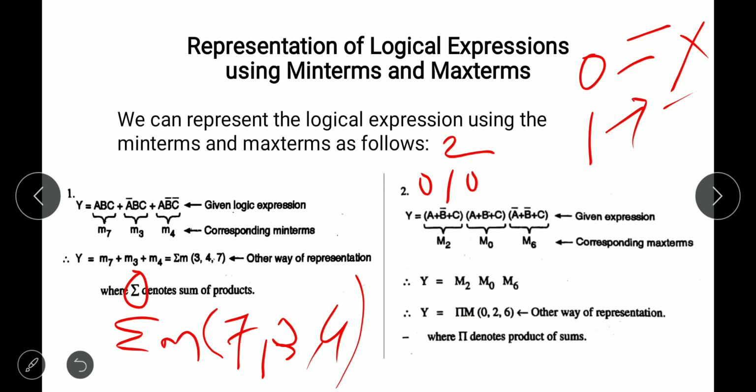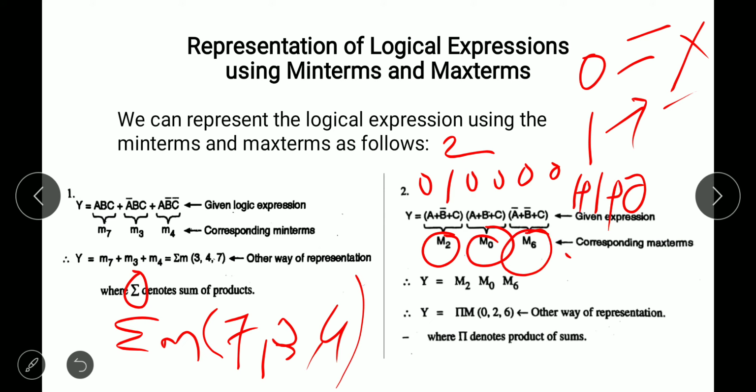This represents 2, so here M2 is present. Then here 0 0 0, so M0 is present. Then here 1 1 0 is 6, so here M6 is present.